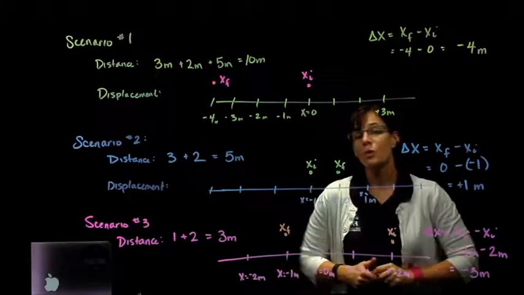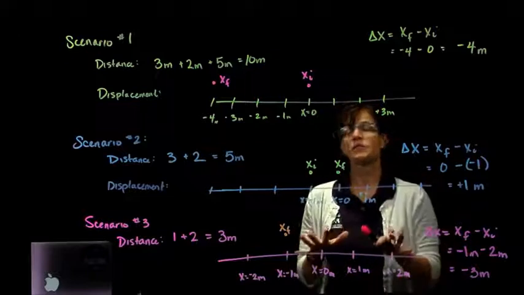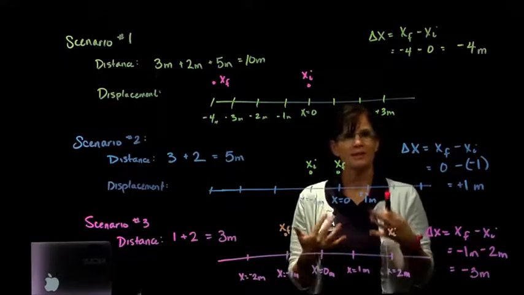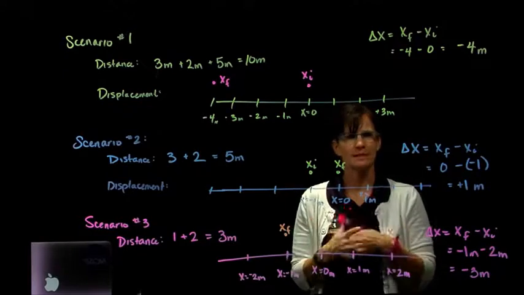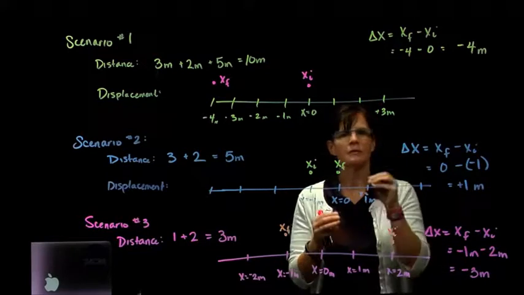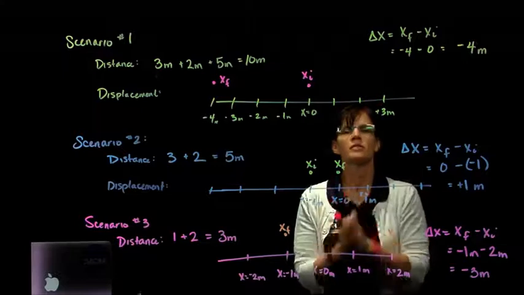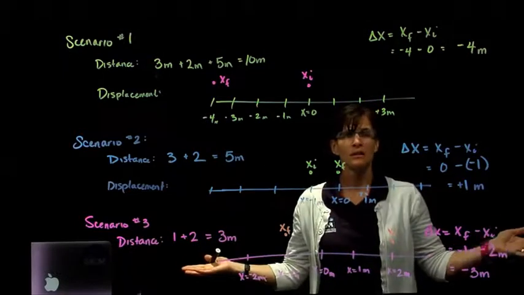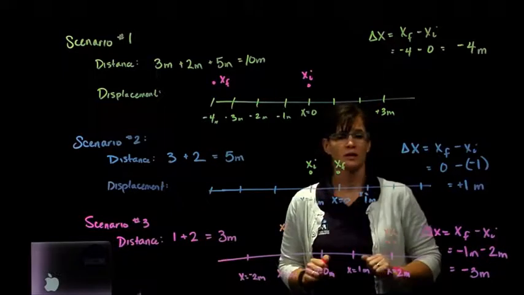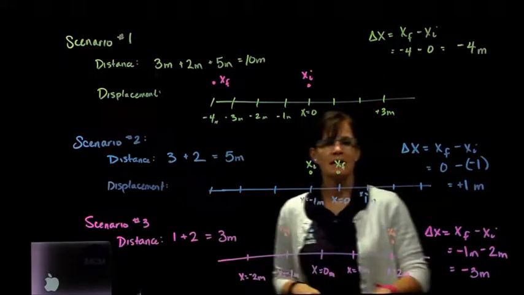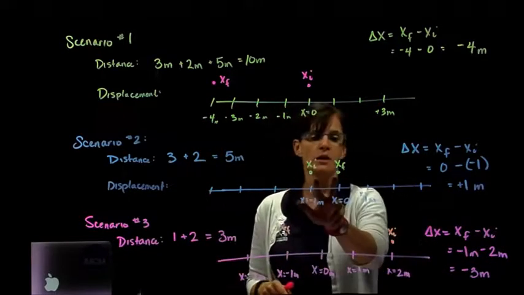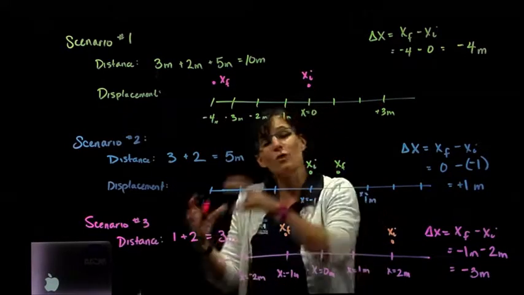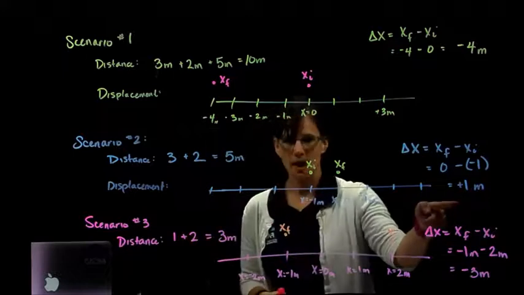Okay, so we can calculate displacement, but I want us to notice something about how the direction is related and really emphasize this idea that the direction of our displacement is relative to the starting location. It doesn't matter where we are in the world. It's only relative to the starting location. So, in this example, we are sort of in the left side of the world, the negative world, but I have a positive displacement.